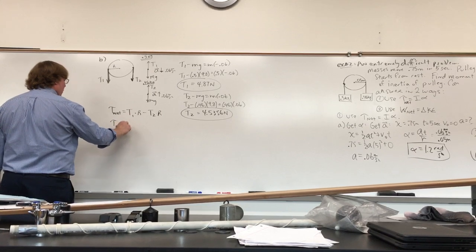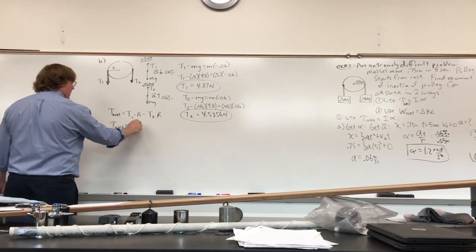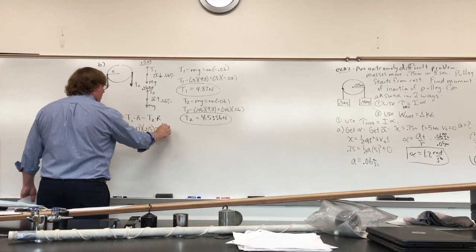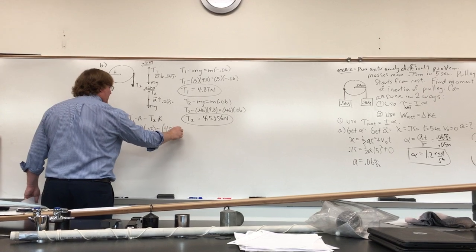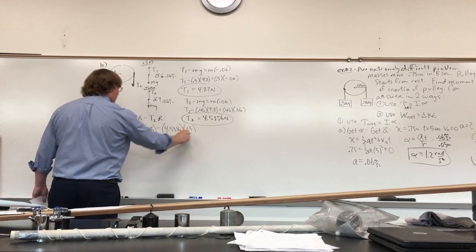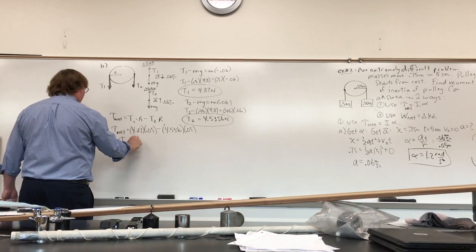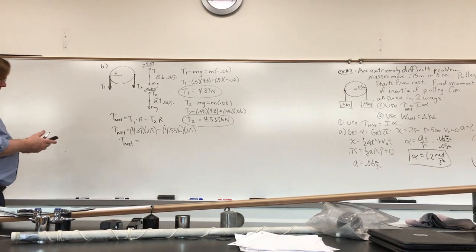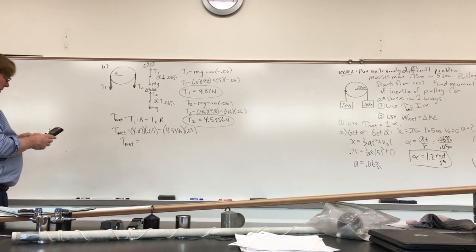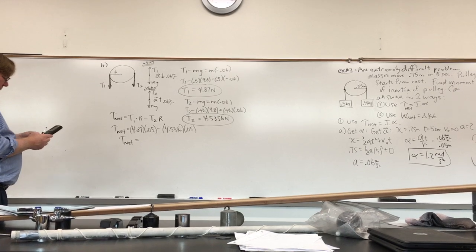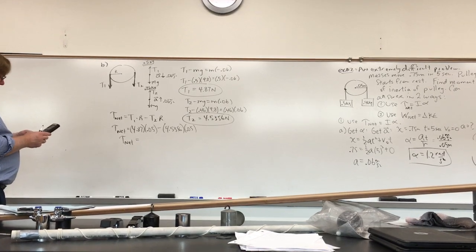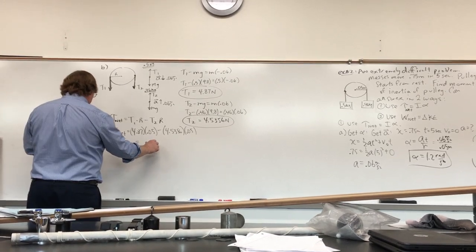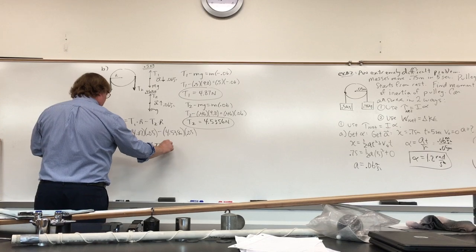And so I got the net torque equaling 4.87 times 0.05 minus 4.5356 times 0.05, and I get a net torque equal to 0.01672 newton meters.